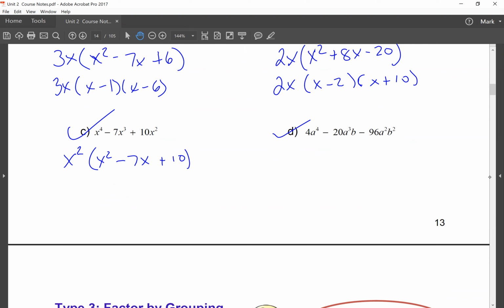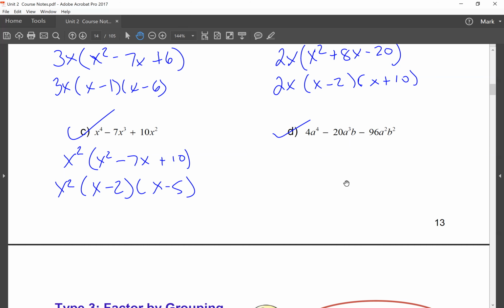And I need to think of two numbers again. 5 and 2 sound about right. 5 and 2 I know can somehow add to give me a -7. So this would be x squared, x minus 2, x minus 5. I really hope I'm explaining this well, because it's a tough thing to teach.